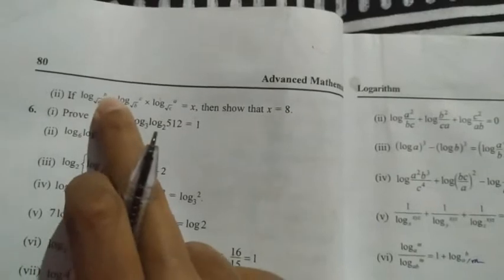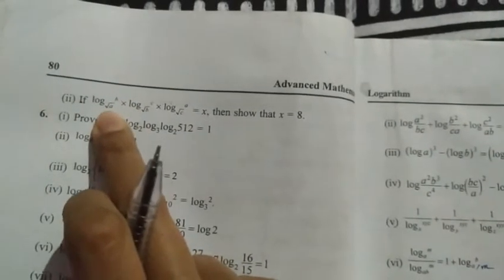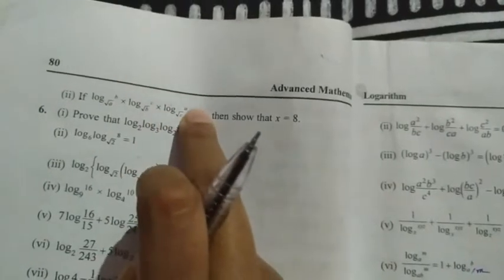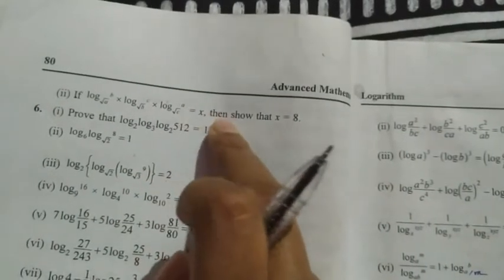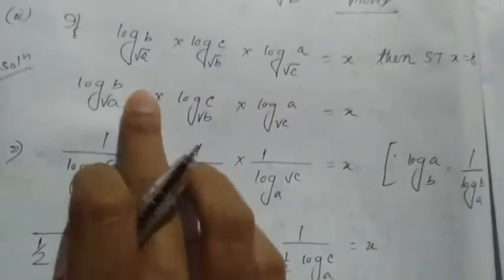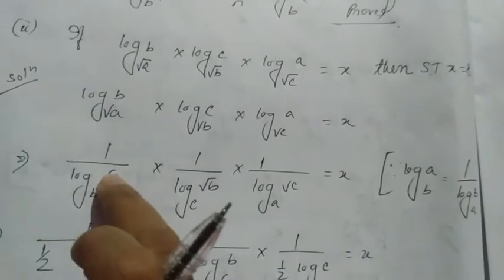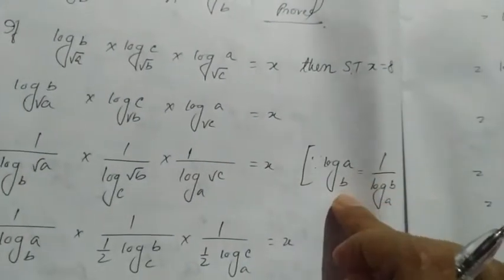If log b to the base root a into log c to the base root b into log a to the base root c is equal to x, then show that x equals 8. You see, I can write this as 1 by log root a to the base b, because the formula is this.